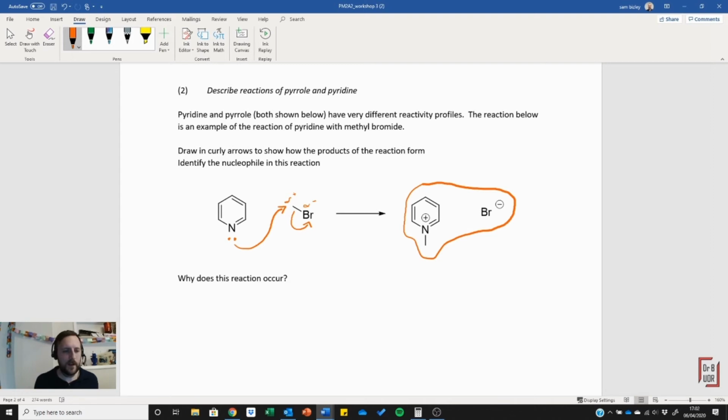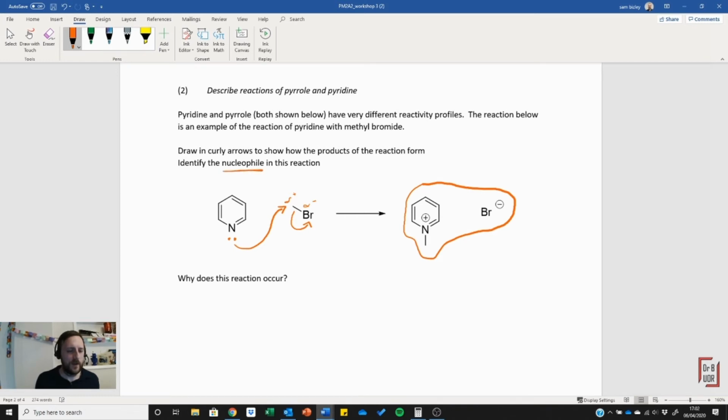So now we have a bond being formed between the nitrogen of pyridine and our methyl group, and then we have our Br minus being formed. Now remember, nitrogen is now forming 4 bonds. Obviously you're getting a positive charge on our nitrogen, which is why we give them those charges.